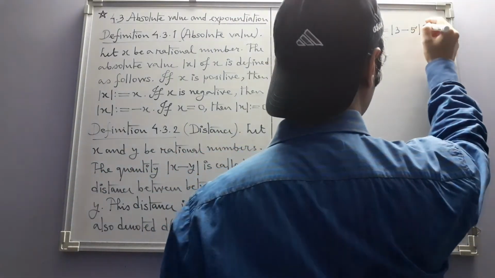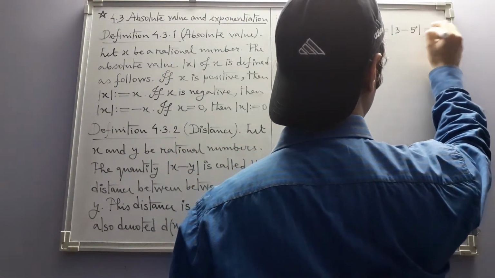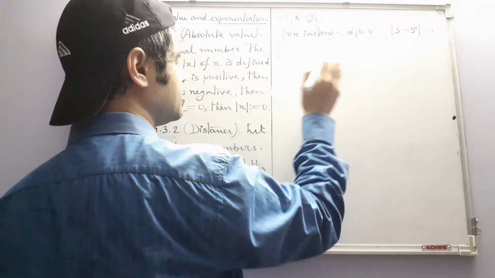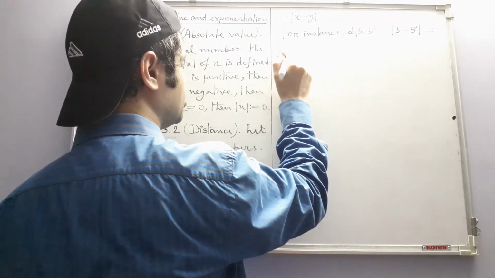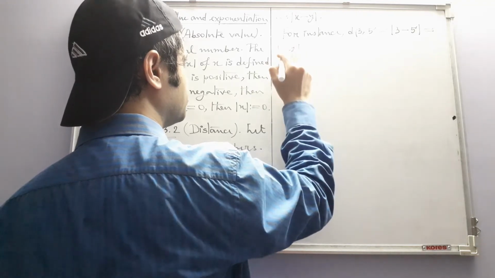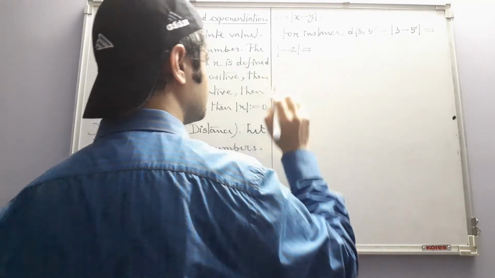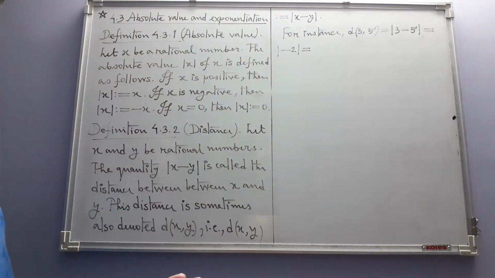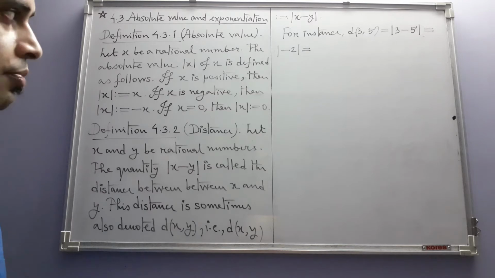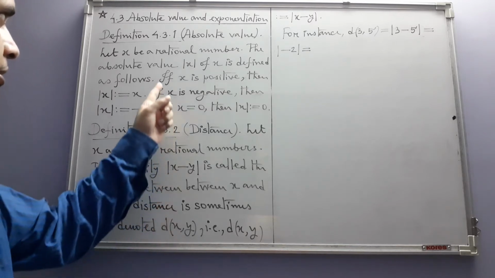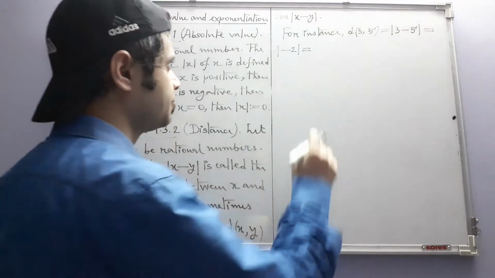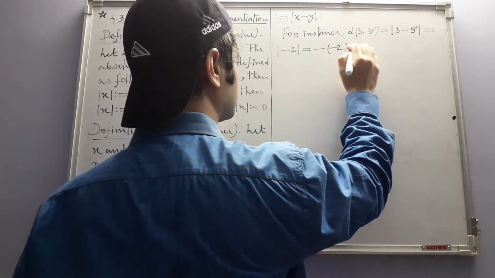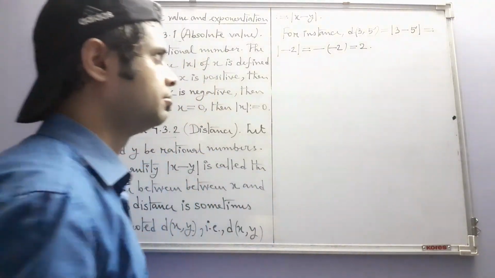So we have to apply the definition directly and just use what we know. Now we know that this difference 3 minus 5 is minus 2. Now since minus 2 is a negative integer, minus 2 is also a negative rational number, and that's why using this part of the definition, this is minus of minus 2, so that this is equal to 2.